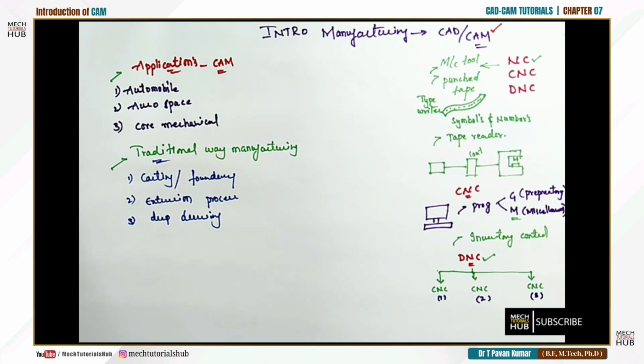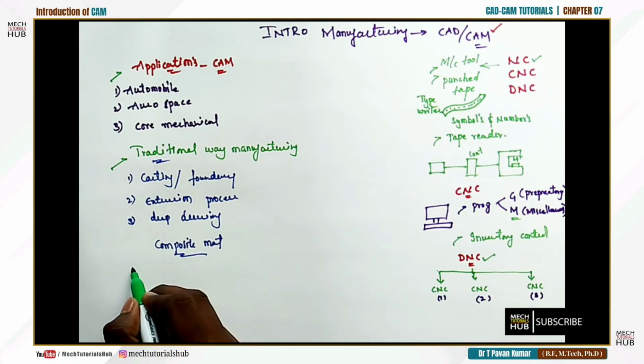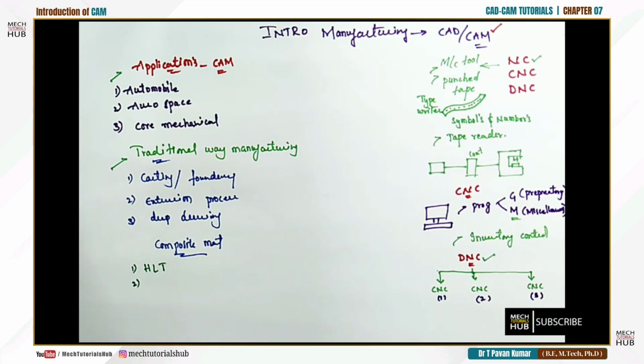There are many other ways to do so. For example, if you talk about composite materials, other than the traditional ones, these composite materials can be fabricated by using many ways. Like the first one, maybe a hand layup technique, or a pultrusion process, or a compression process, or a spraying method. Likewise, you have many methods to fabricate a composite material.